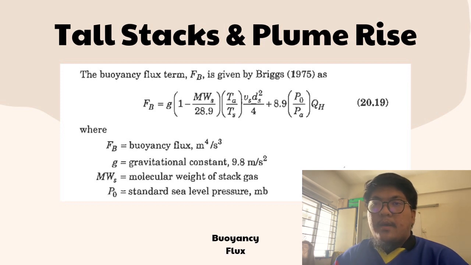Then this is the buoyancy flux equation, where FB represents buoyancy flux, G represents gravitational constant, MWS is molecular weight of the stack gas, and P naught is the standard sea level pressure.